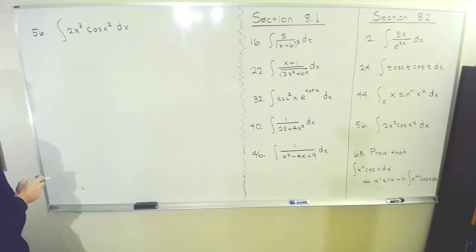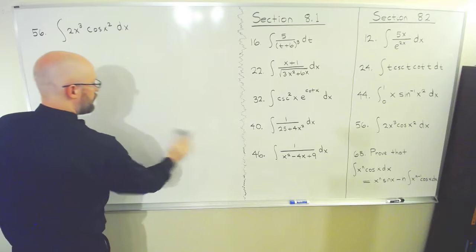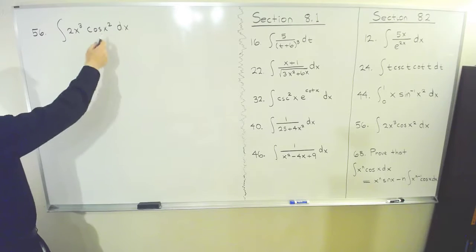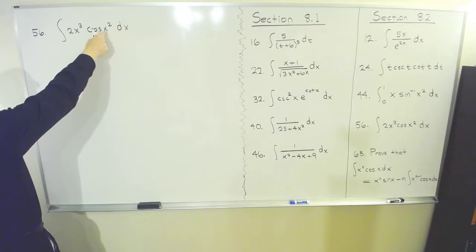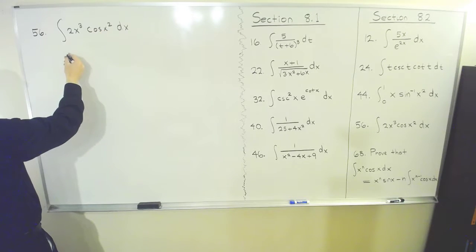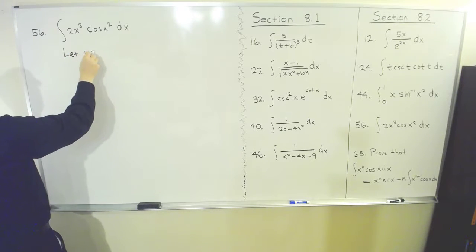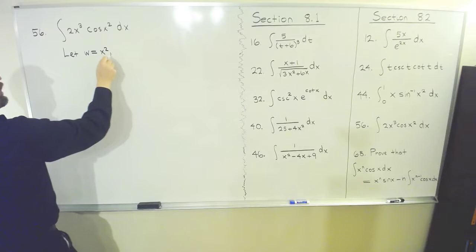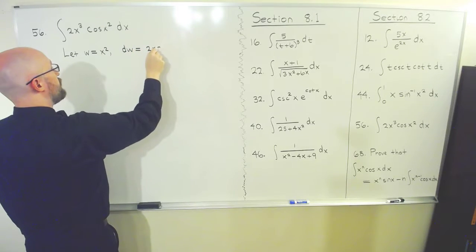Now, the first thing I'm going to do is make a substitution, and this is similar to what I did before. Because this looks complicated, I want to see if I can simplify it by letting w equal x squared. So let w equal x squared, dw equals 2x dx.